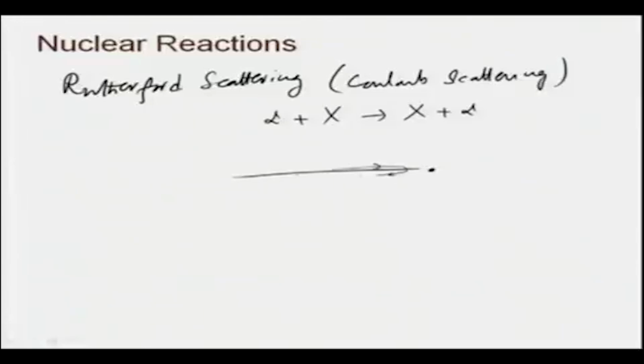So, in such a case, what is happening? You have some initial kinetic energy, say E 0, total energy initially, or E I, let me call it, and then you have E F. As the alpha particle goes towards the nucleus, it feels the nuclear potential.